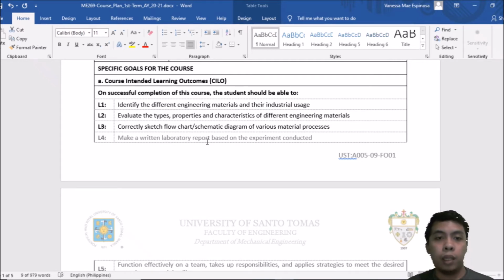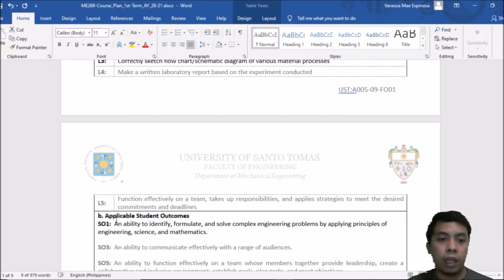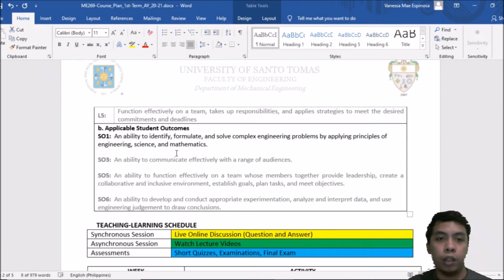Fourth, make a written laboratory report based on the experiment conducted, which is included in your laboratory. And lastly, fifth, function effectively on a team, take up responsibilities, and apply strategies to meet the desired commitments and deadlines. This is also included in your laboratory. Most likely, the laboratory part of the subject will be done by group.